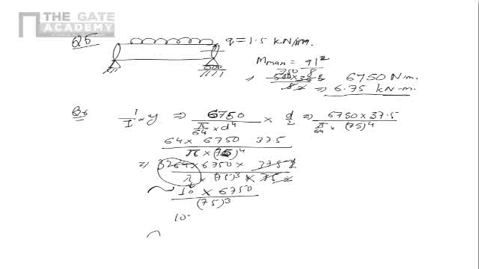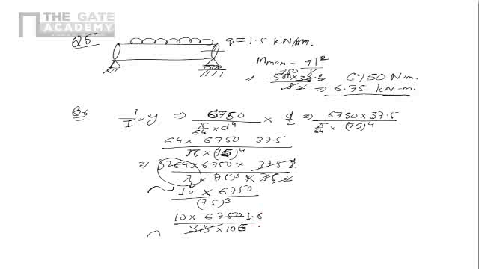If I put in an approximation again, I will get something like 3.5 into 10 to power 5. So this is almost 1.6 or 1.7 times of that.